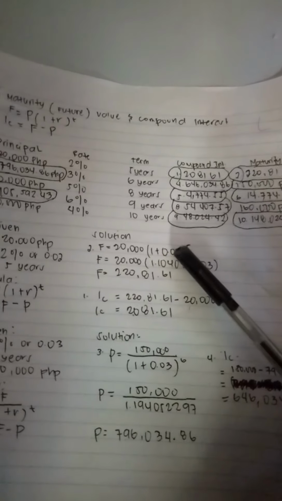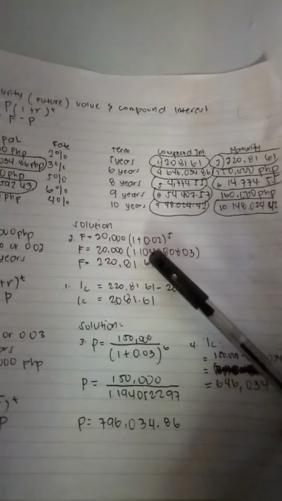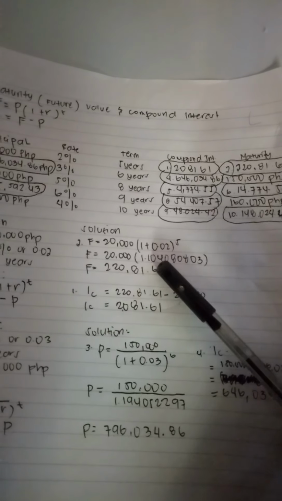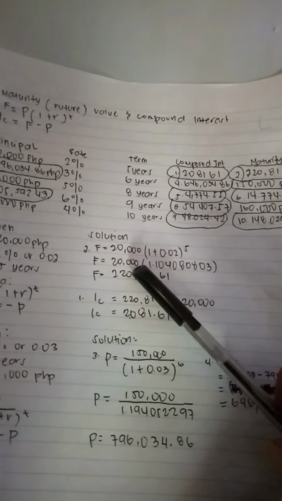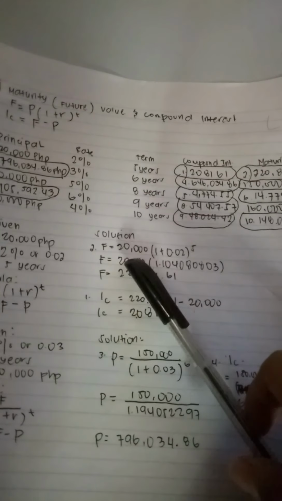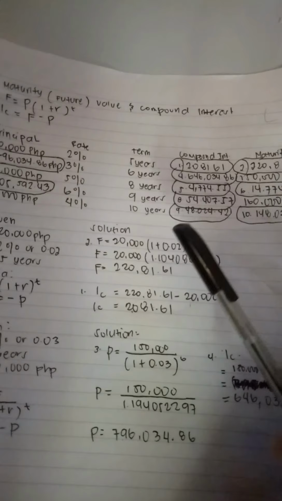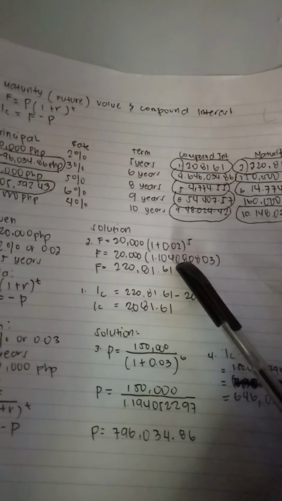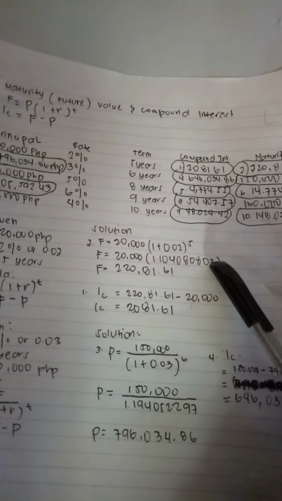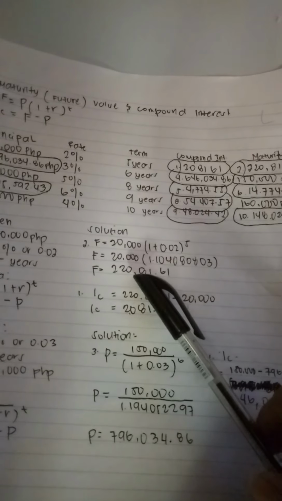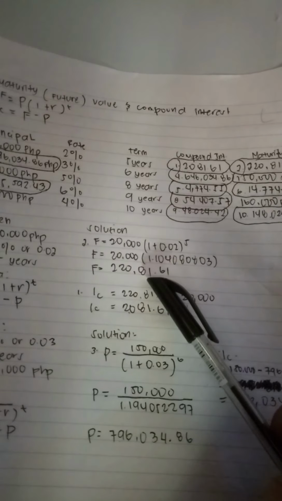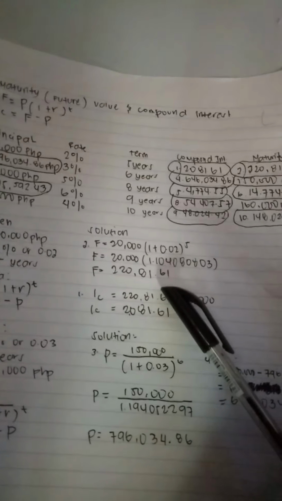Pag nasolve po natin ito, na po yung magiging sagot is 1.104080803. Then bring down lang po yung 20,000, then 20,000 times 1.104080803 is equals to 22,081.61. Bale, ito na po yung ating magiging maturity future value.